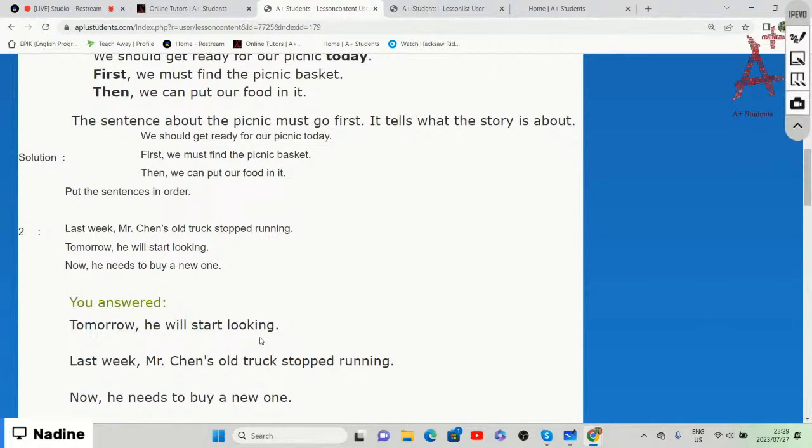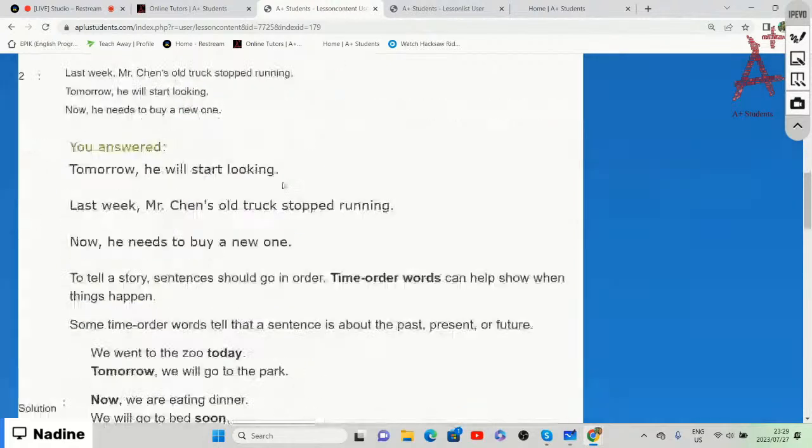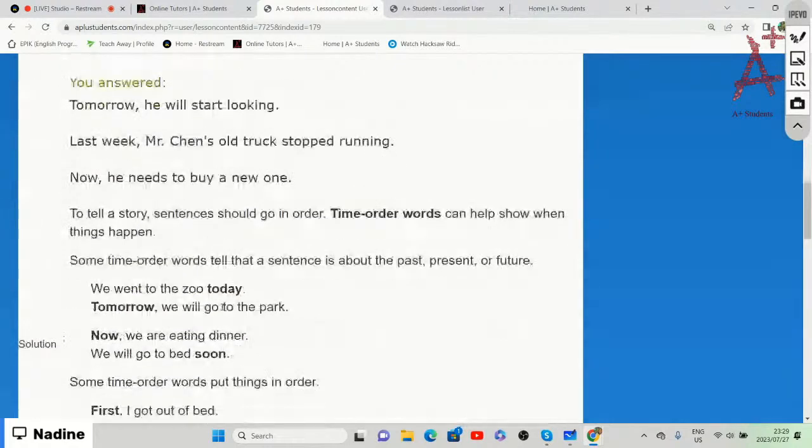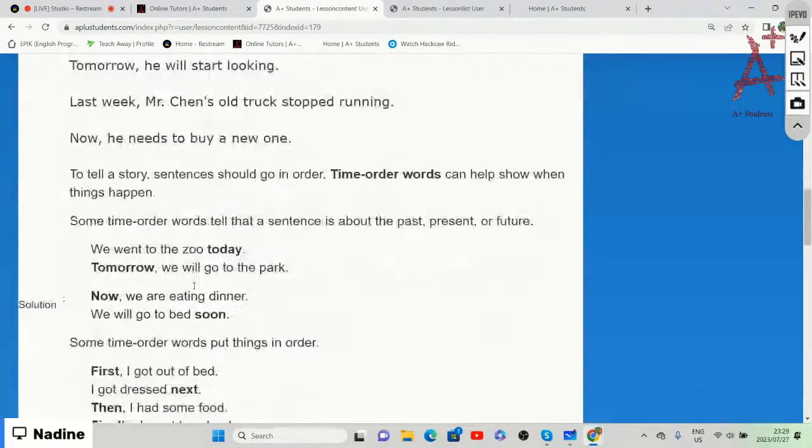All right, look at the ones that we see in front of us, right? It says to tell a story, sentences should go in order. So if we tell a story, remember your sentences need to flow. They need to be in order, right? We cannot start with the ending at the beginning, and we cannot just start with a greeting, like saying hello at the end.